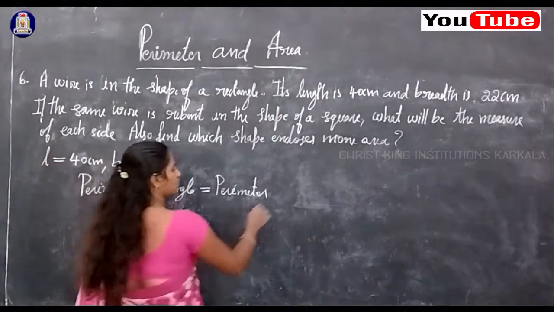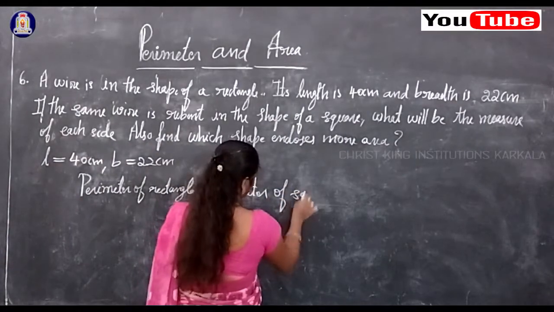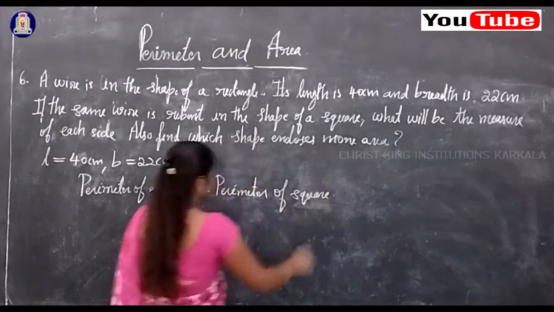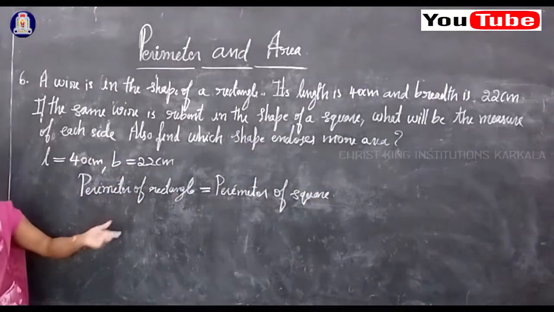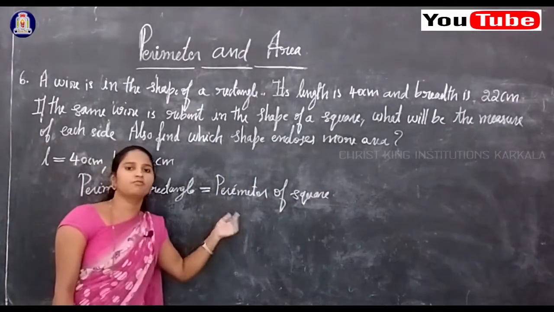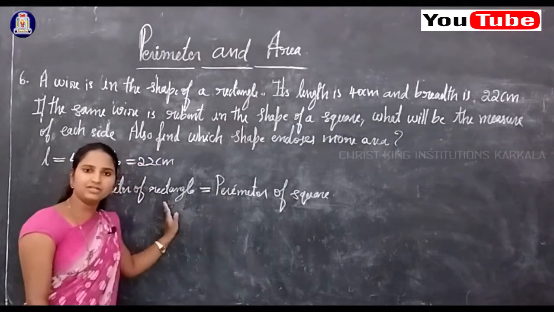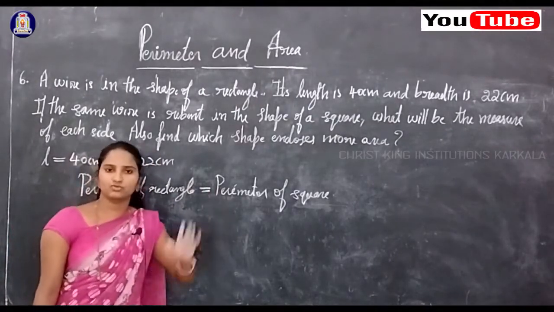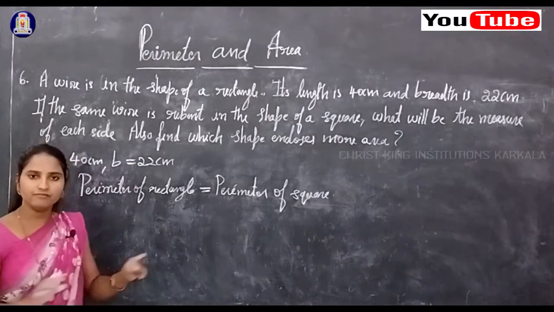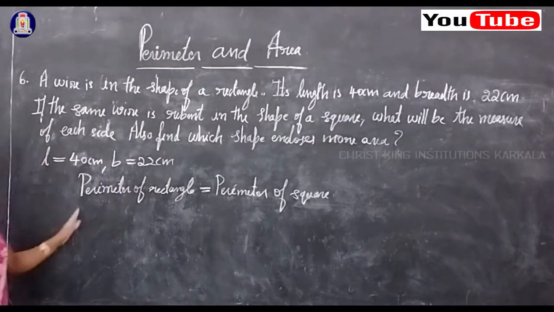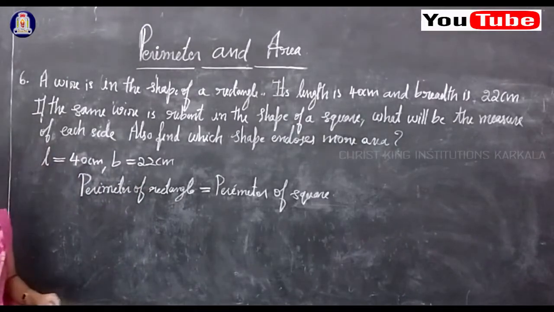First we made a rectangle, then we rebent it into the shape of a square. So the perimeter of the rectangle and the perimeter of the square are the same.